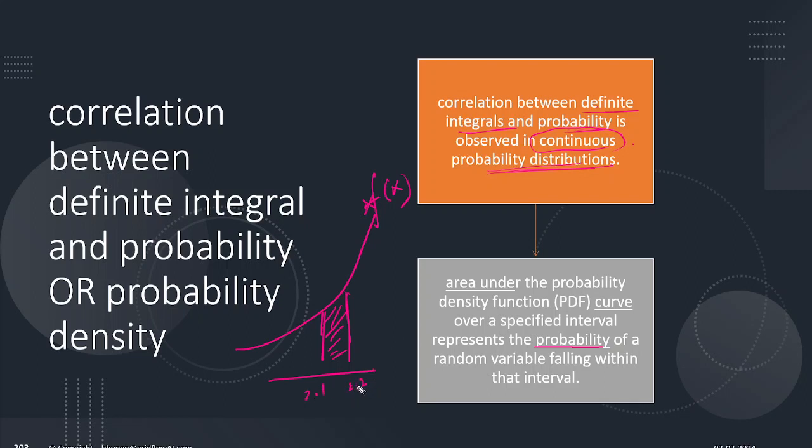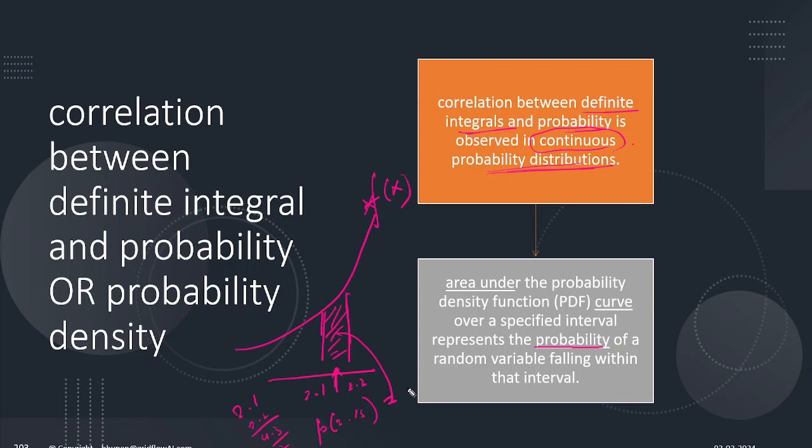So roughly we are saying 2 point something in between, the average of this. What's the probability of that point? The sum of 2.1 and 2.2 is 4.3, divided by 2, that's 2.15. The probability of 2.15 will be this area here. So this is the correlation between the integral or the area and a particular value.